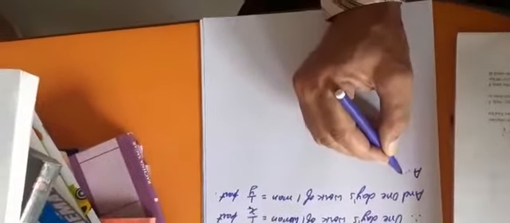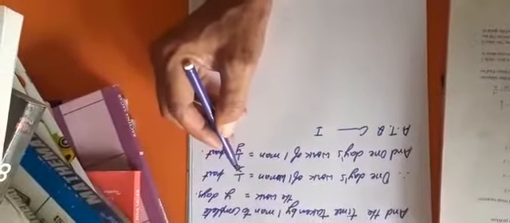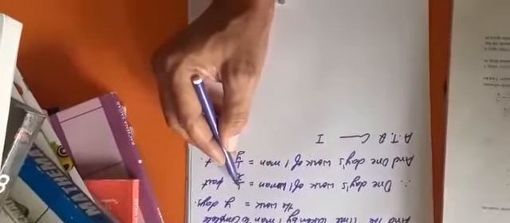If you have understood this, see, initially 2 women and 5 men are working. So, according to condition 1, 2 women are working and 1 day's work of 1 woman is 1 upon x. Therefore, 1 day's work of 2 women will be 2 upon x.